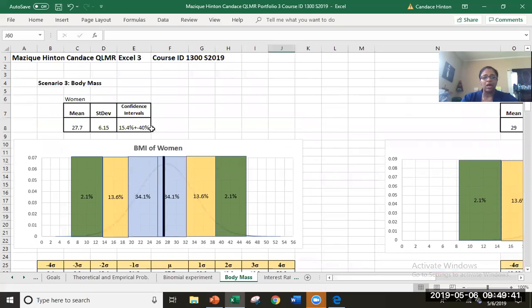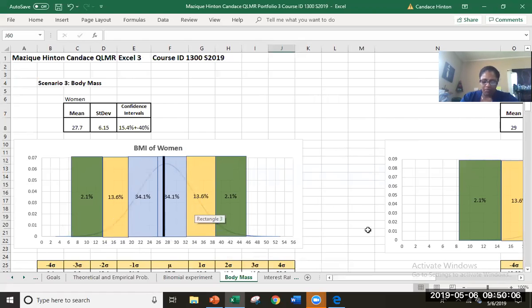And I'm talking about the confidence interval numbers. Like I said, it just means that we're confident that these numbers lie between the 15.4 and the 40. So we're right here and right here. We're confident that the normal mean is between that.